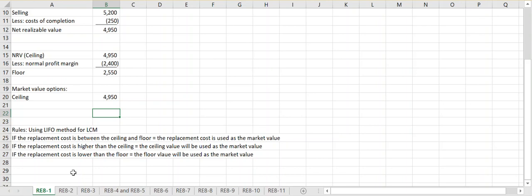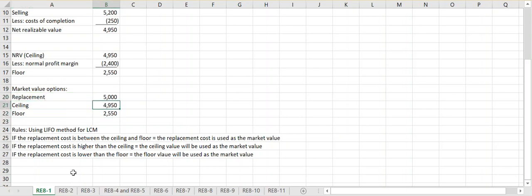So we have our ceiling at $4,950. We have our floor at that $2,550. And again, they told us our replacement cost was at $5,000. So when we're looking at our options here, the $5,000 would come above our ceiling. That's our replacement cost.